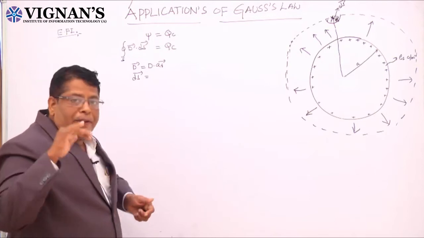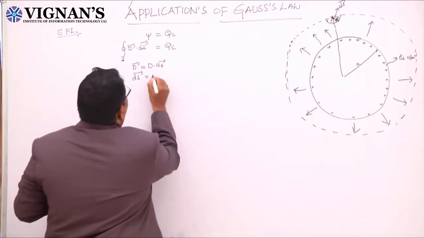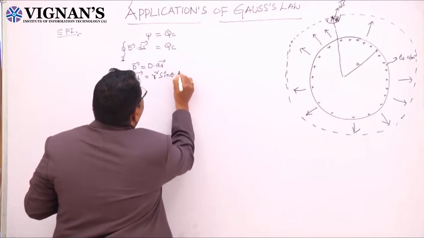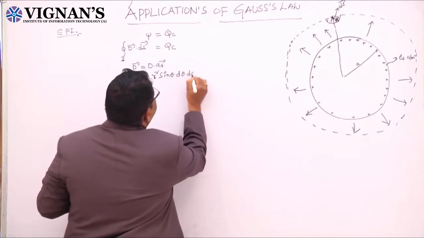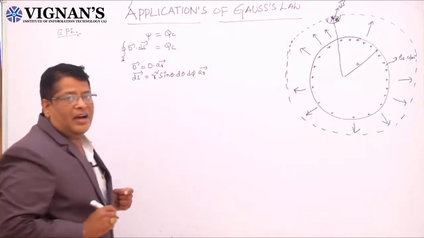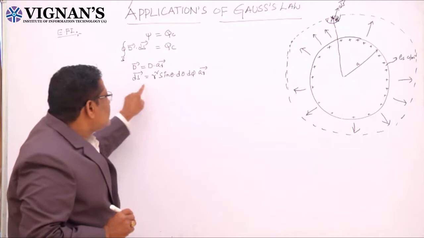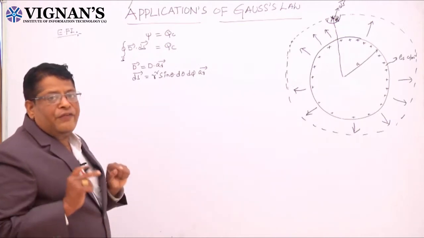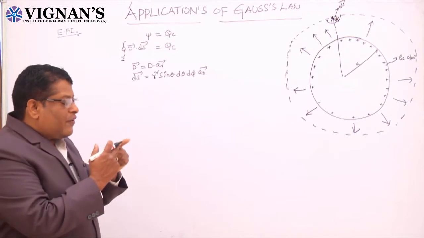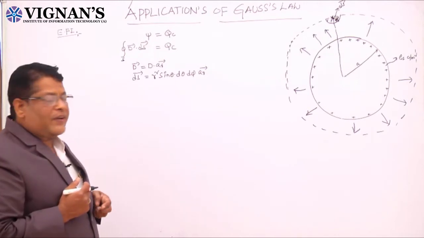In a spherical coordinate system, the formula is r square sin theta d theta d phi a r bar. This represents the differential surface area which is perpendicular to the radius of the sphere.